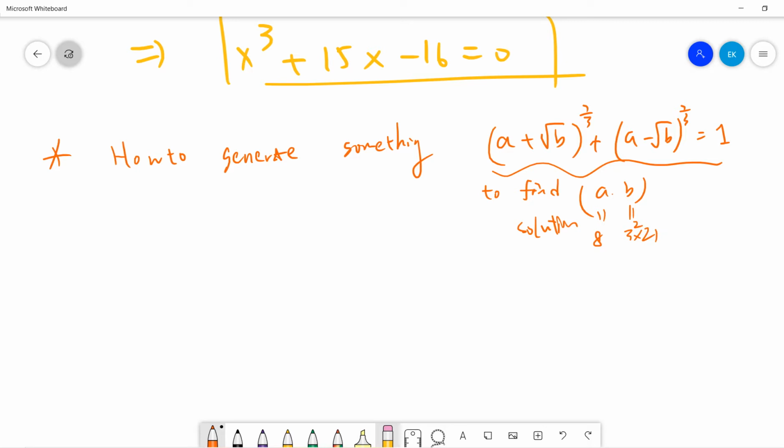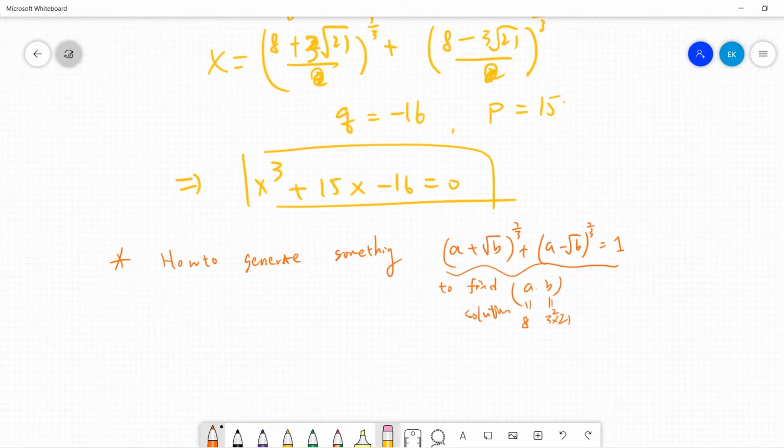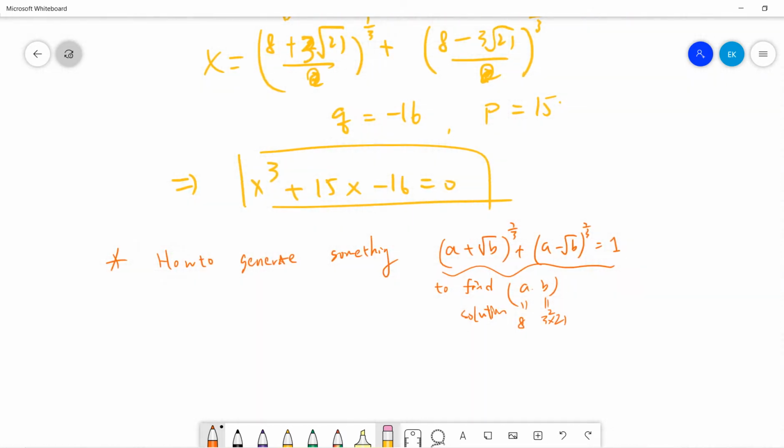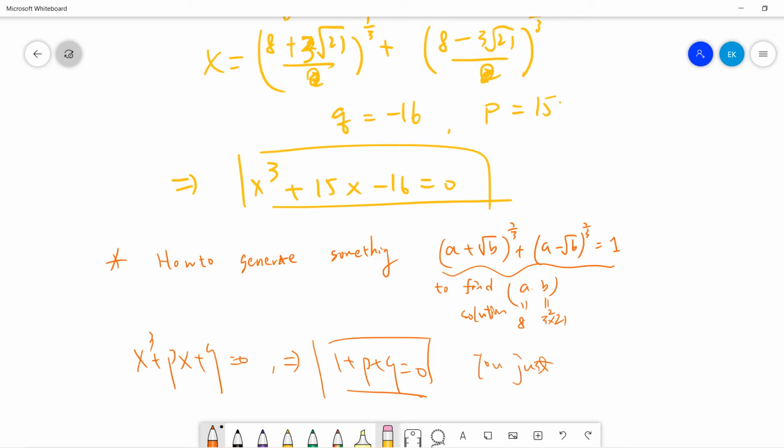The idea is that you compare this with your solution. You start from this and you hope your solution to be 1. That means 1 plus p plus q equals 0. So you just pick p and q such that they satisfy this relation.